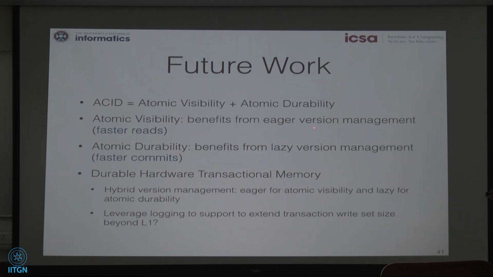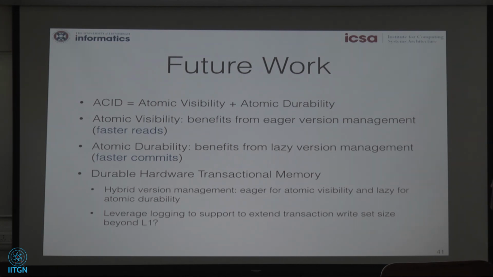So for atomic visibility, we use eager version management, which is similar to undo log. But for atomic durability, if you are combining it with HTM, you look at lazy version management to guarantee faster commits. If we can combine these two into a durable hardware transactional memory design, it will be great if we can also use the logging support to extend the transaction write set size beyond L1.